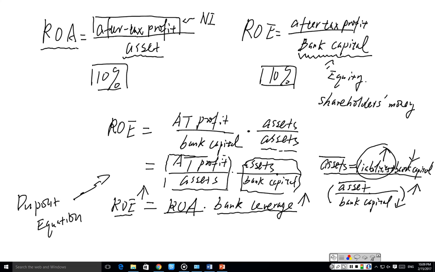So you have to understand how to calculate ROA and ROE, plus you need to know the DuPont equation: return on equity equals return on asset multiplied by bank leverage. And the bank leverage really depends on how much liability the bank wants to use compared with the bank capital.